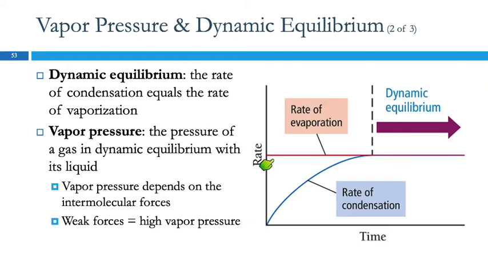If the intermolecular forces are weak, this rate of evaporation will be higher, right? If the intermolecular forces are strong, the rate of evaporation will be lower, and they're both going to come to the same place. So weak forces, high vapor pressure.